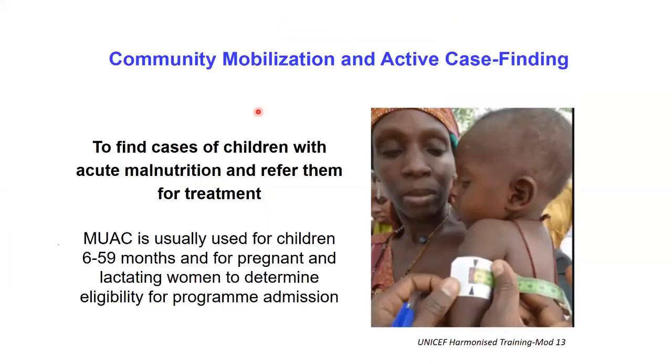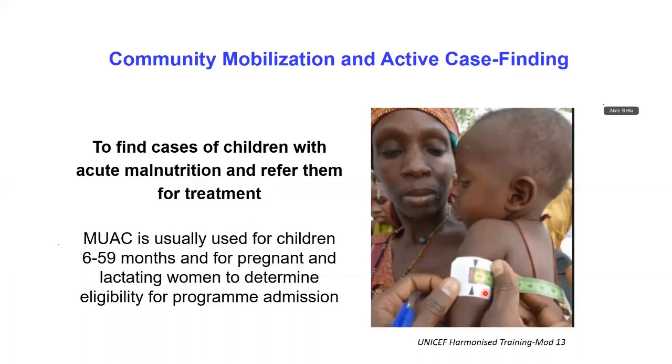In terms of the other component I told you about, community mobilization and active case finding, this is the community component to identify those who have acute malnutrition, whether moderate or severe, so that they are identified from the community and referred to the health facility for intervention. The mid-upper arm circumference is a color-coded measuring tape.